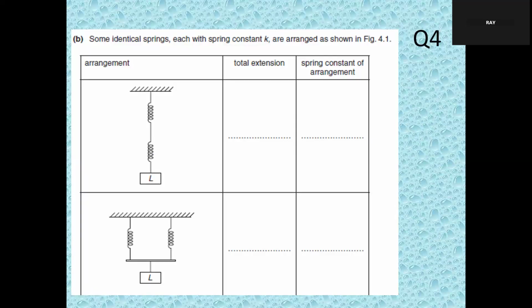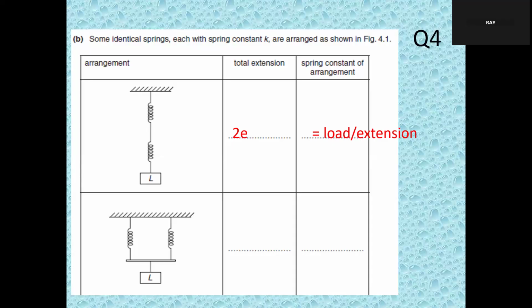Total extension. For one spring, with L, the extension is E. So with two springs, each of them extends by E, the same load.